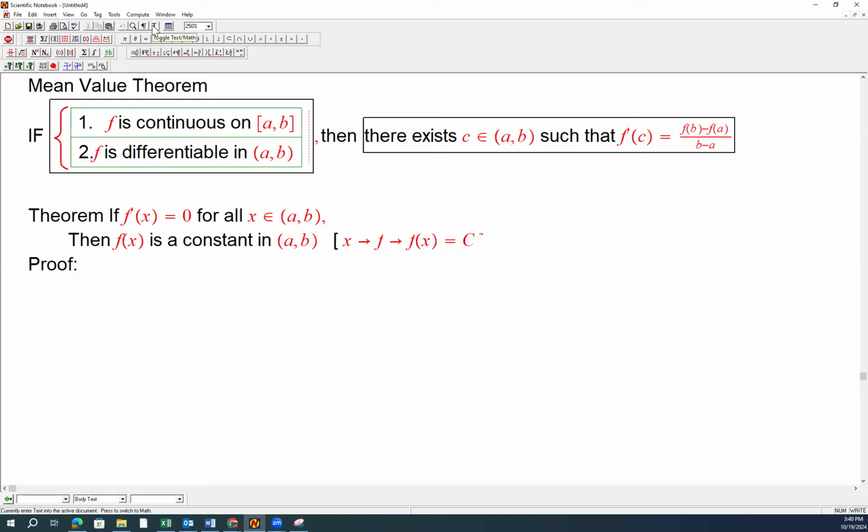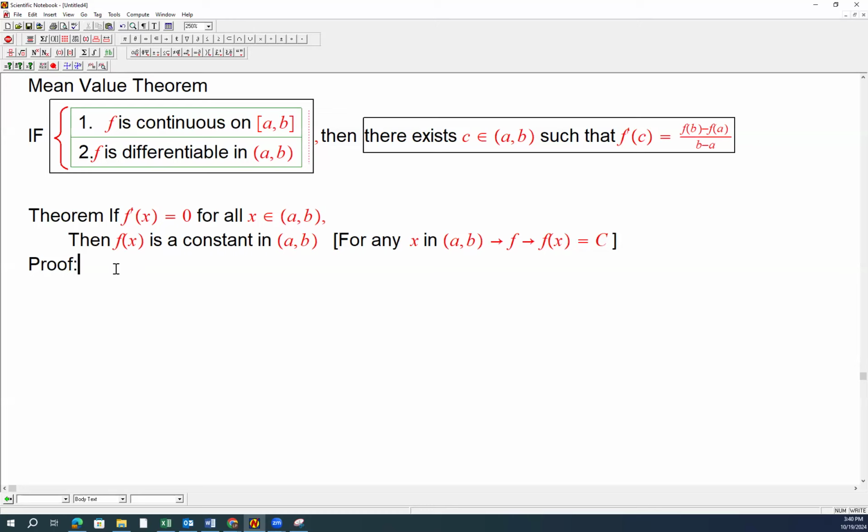That's the meaning of a constant function. So this is true for any x in the interval (a, b). That's the meaning for a function to be a constant in an interval.